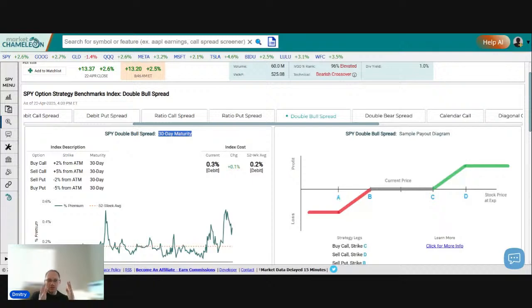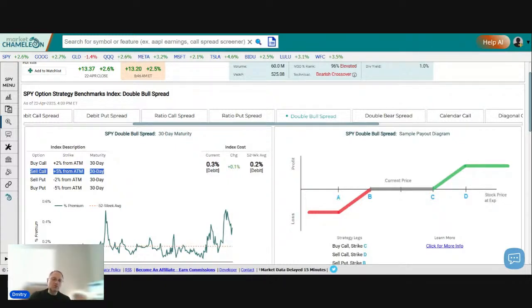So how do we standardize that part? And you could see here that we establish a call spread that is buying a call that's 2% out of the money, then selling another call 5% out of the money. Okay, so that's how we define that call spread.